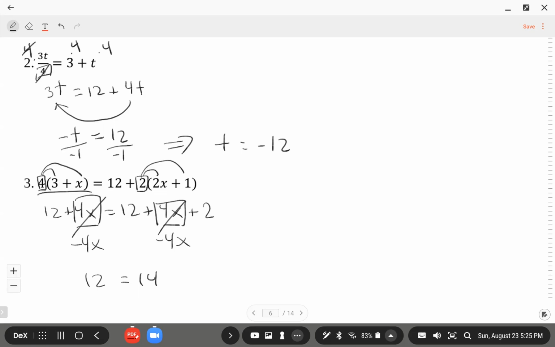And remember last class I said all no solution equations end in a false statement. So this is a false statement. This can't be true. So this is a no solution equation. So everybody who got no solution, congratulations.